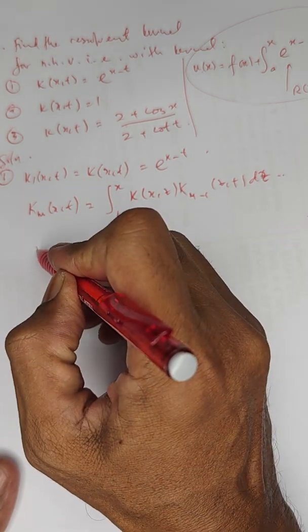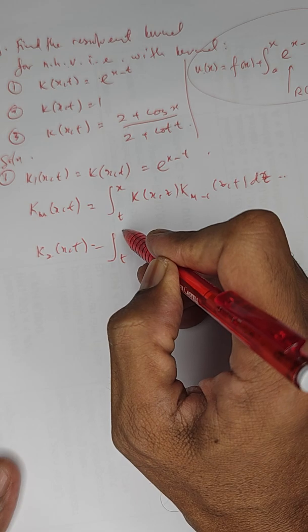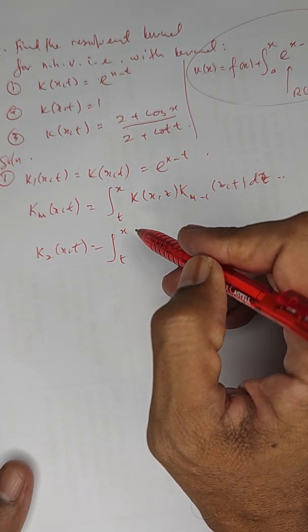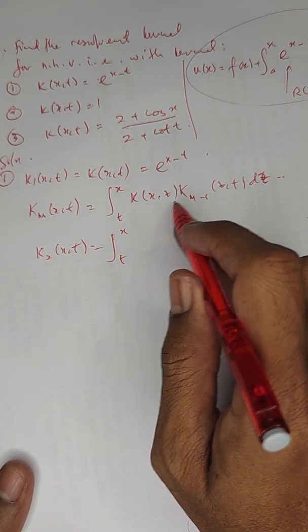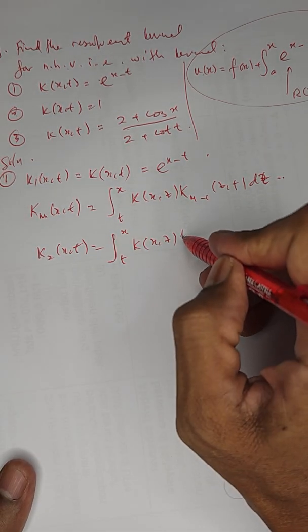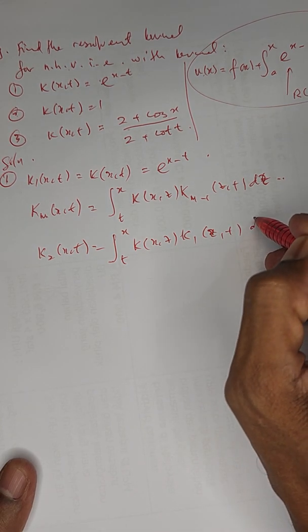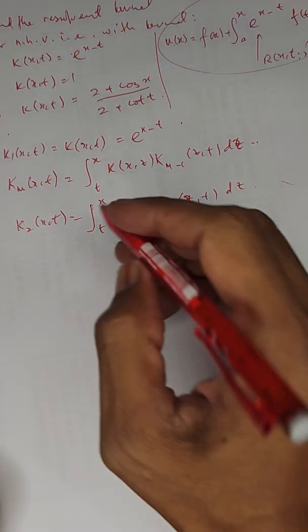From here we can find what K2 is. K2(x,t) is the integral from t to x of k(x,z) K1(z,t) dz. So what is this?